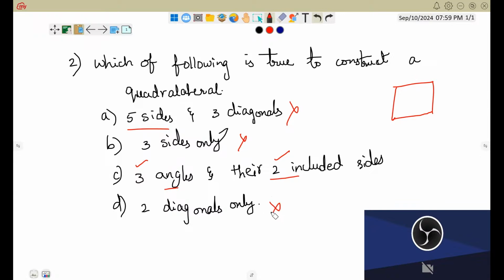If only two diagonals are given, it is not possible to construct the quadrilateral. We can construct only a rhombus, no other quadrilaterals. For any quadrilateral you want to construct, option C is the correct one.